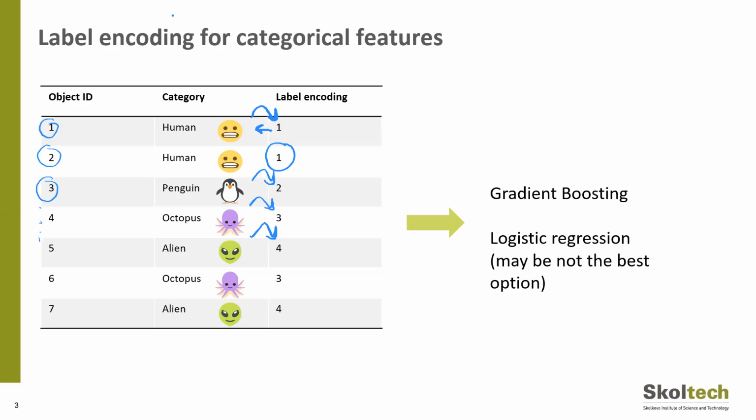But for many more complex methods, this will not work as expected, because we don't have any natural order on these categories. We can't say that humans are somehow better than penguins, or penguins are better than octopuses, considering the target function we are trying to approximate in this machine learning problem.